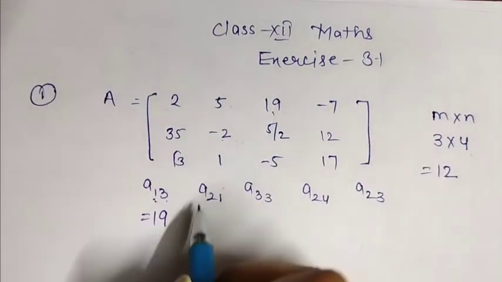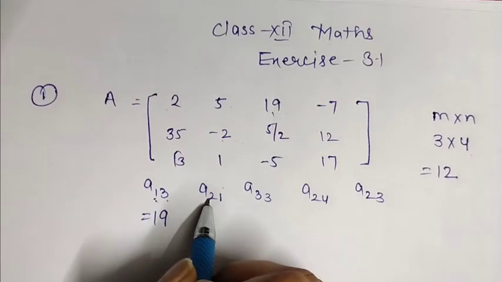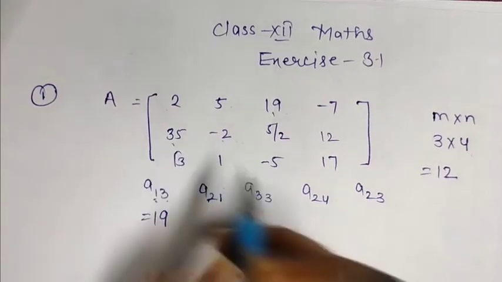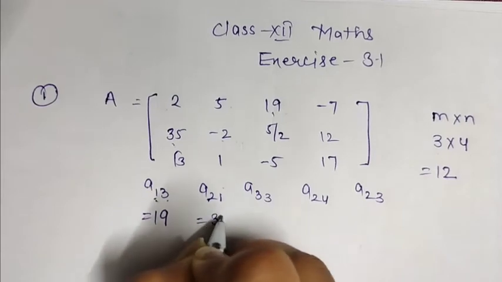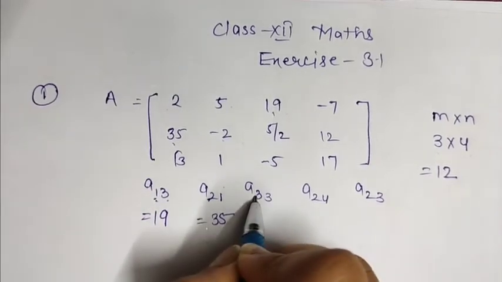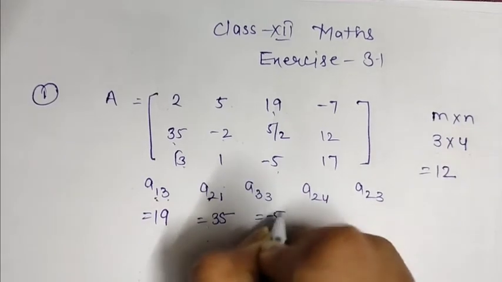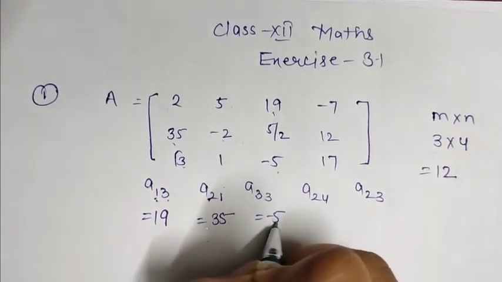Next, A21 is the second row and first element, that is 35. Next is A33, the third row and third element, which is minus 5.